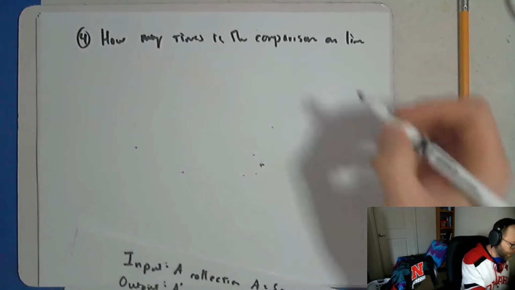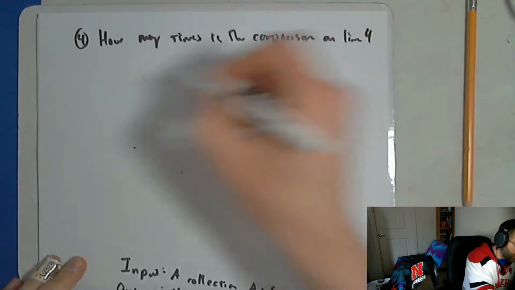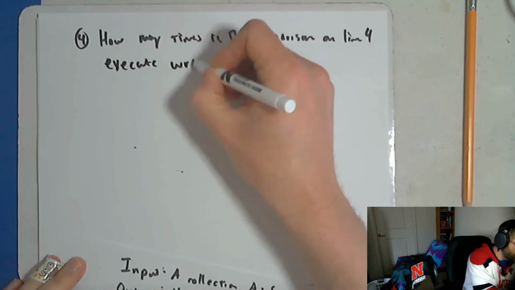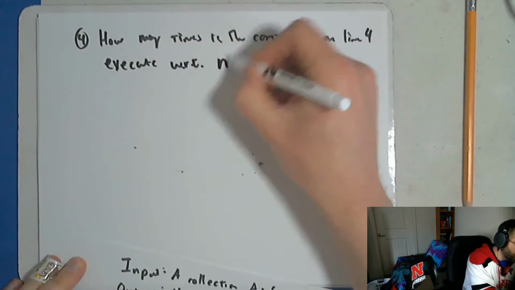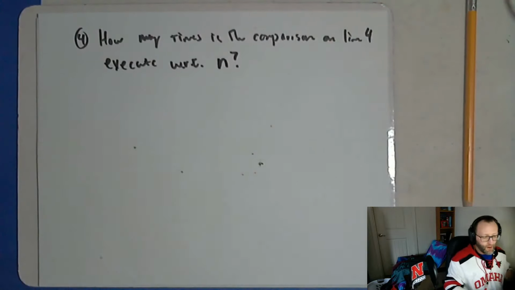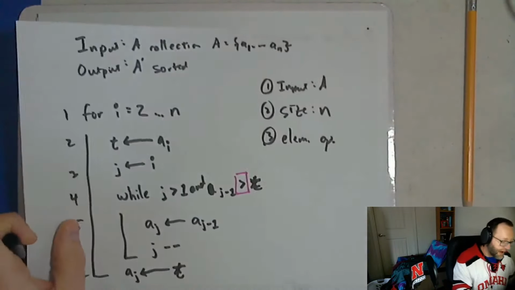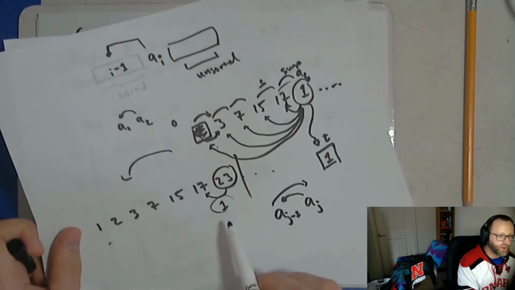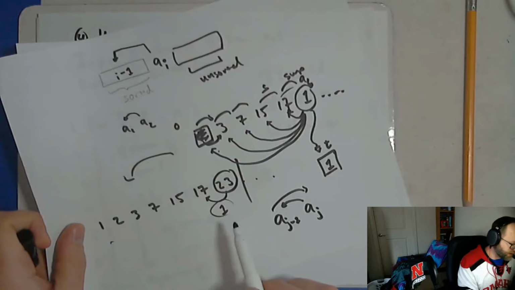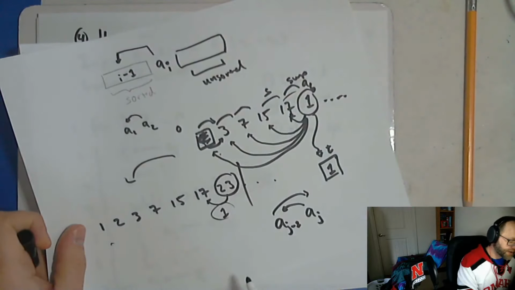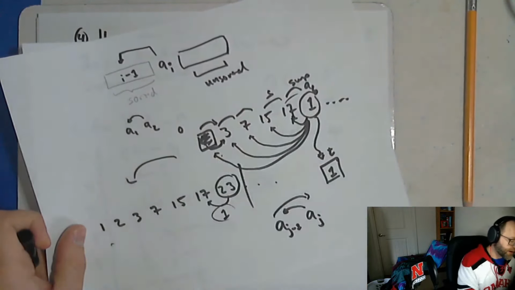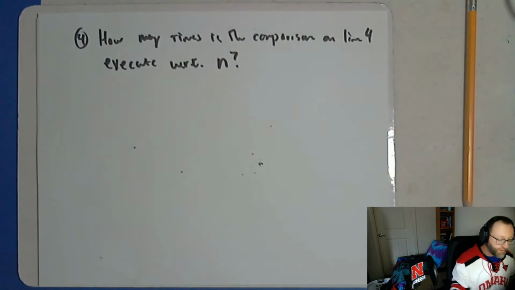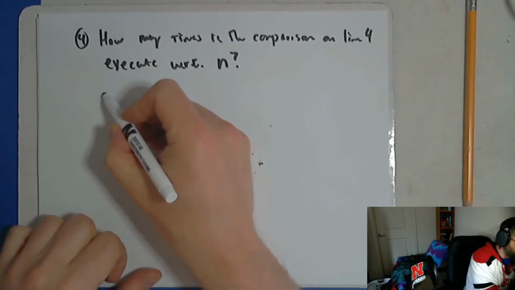On line 4, executed with respect to the input size here, n. Okay? Now, again, we have a best case scenario where, okay, just answer, well, 1 within that while loop. Or a worst case scenario here where we actually have to make comparisons to everything preceding it. Okay? But before we do that, I'm going to make some observations.